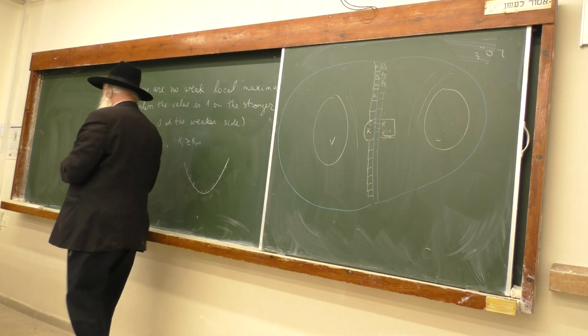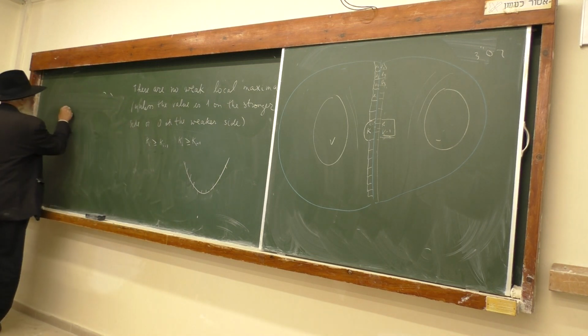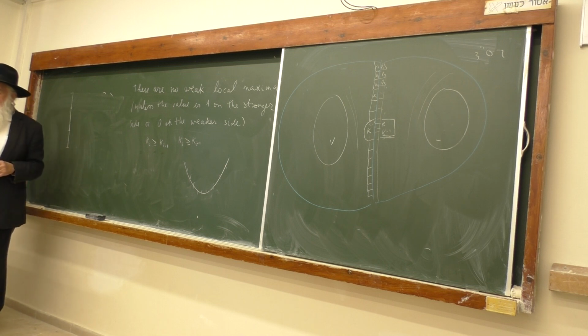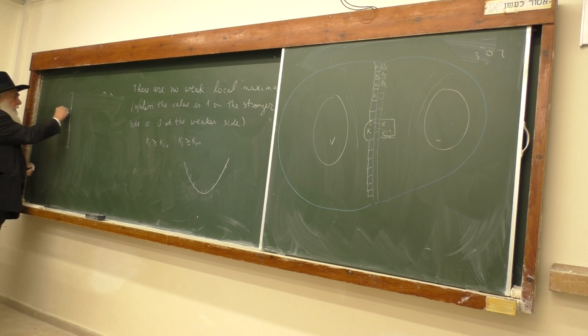So let me do it. Assume we actually do have a local maximum. This one is a local maximum. It means that these are not bigger than them. Both of them are bigger than them.